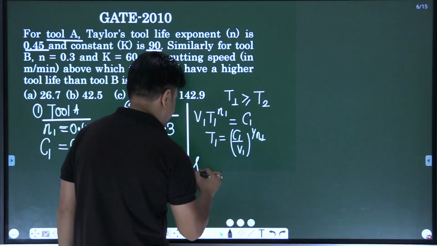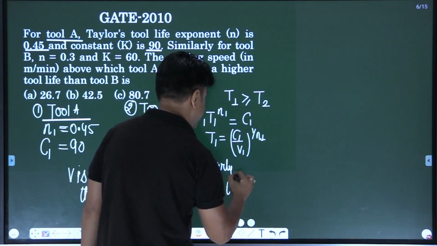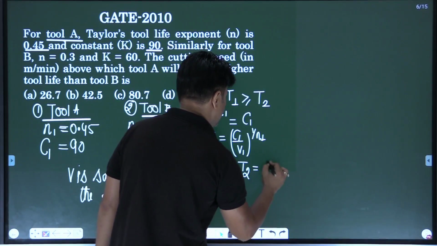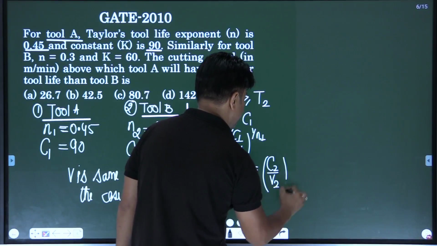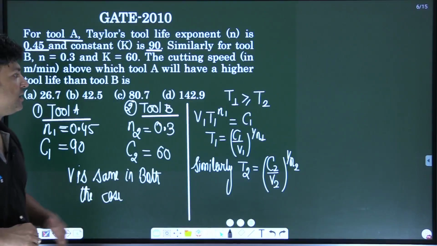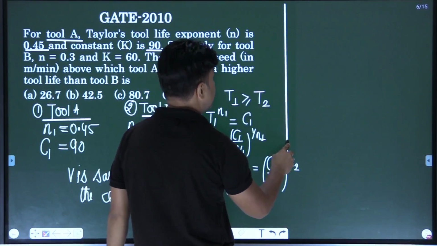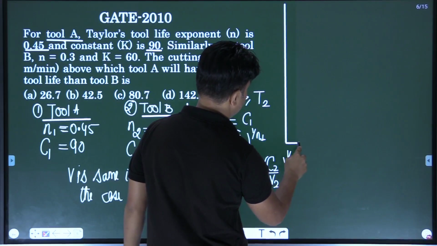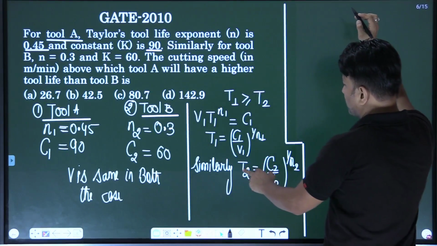Similarly, T2 equals C2 divided by V2, all to the power 1 by N2, right? Now T1 is greater than or equal to T2, right?